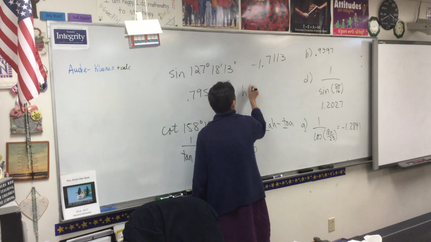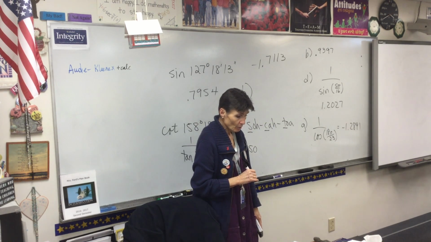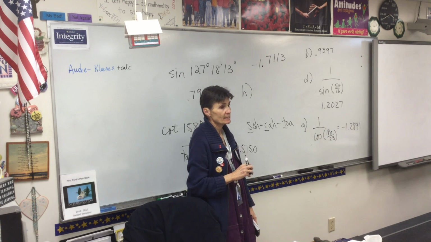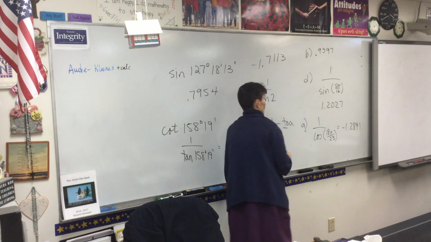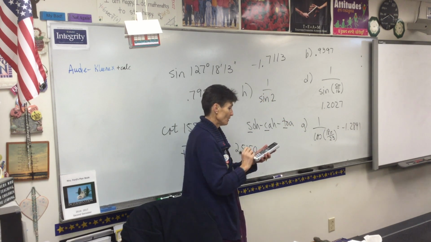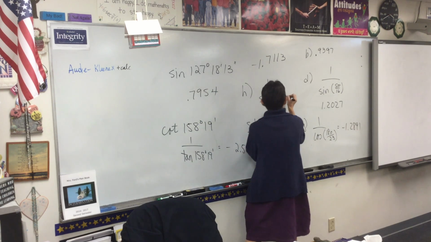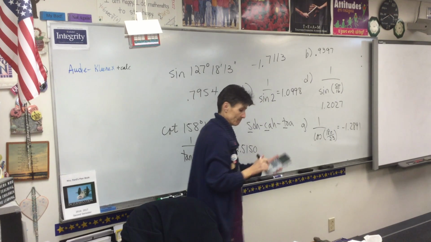And one more, H. Cosecant. How do I do a cosecant? 1 divided by sine. 1 divided by sine 2. Stop. 1 divided by sine 2. 1.0998. You are exactly right.